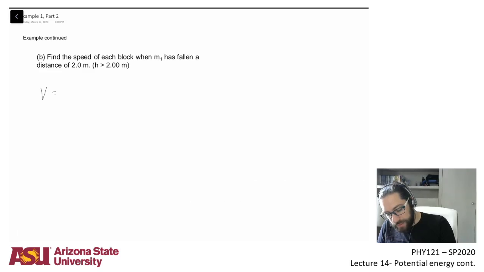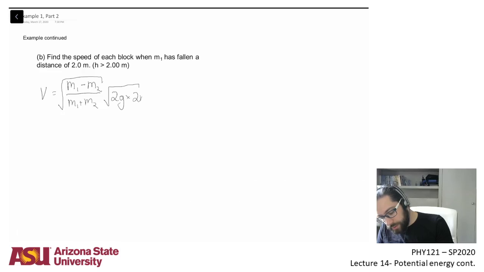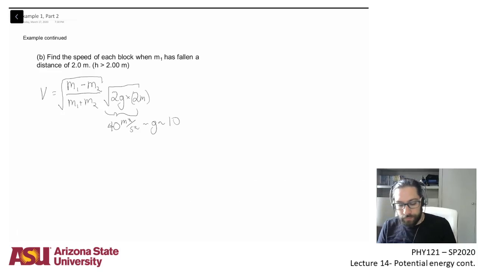So the velocity is equal to the square root of (m1 minus m2) over (m1 plus m2) times the square root of 2g times 2 meters. So this whole thing is approximately 40 meters squared per second squared, for g approximately 10 meters per second squared.